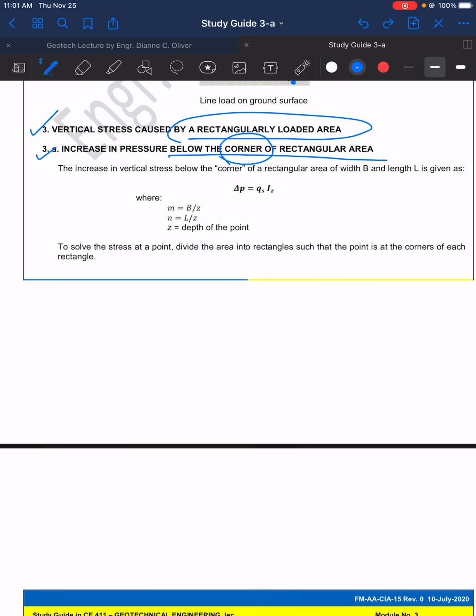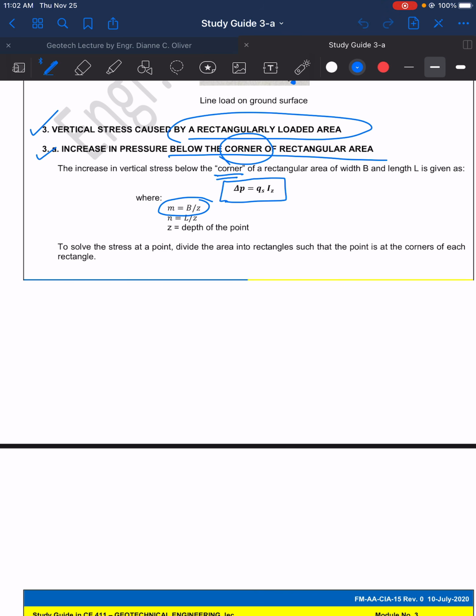So the increase in vertical stress below the corner of a rectangular area of width B and length L is given as, so this is the formula, delta P is equal to q sub s times I sub z, where we need to compute for this.